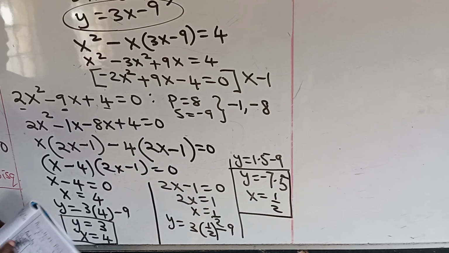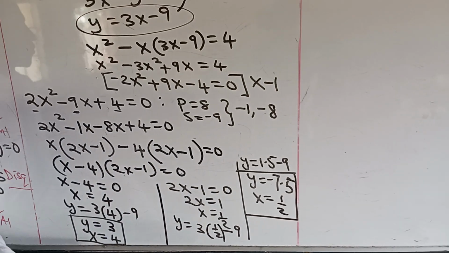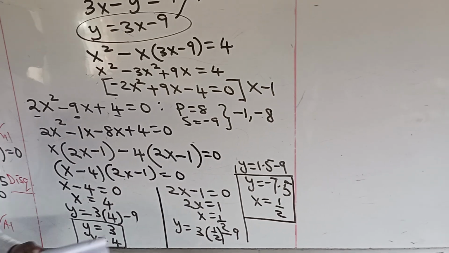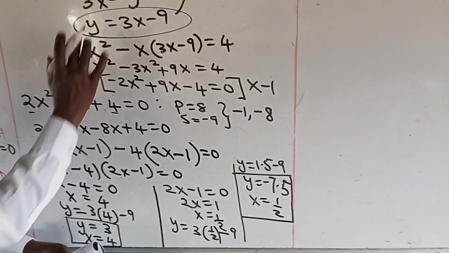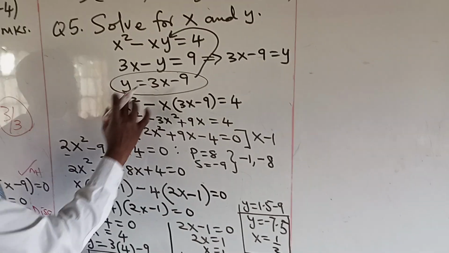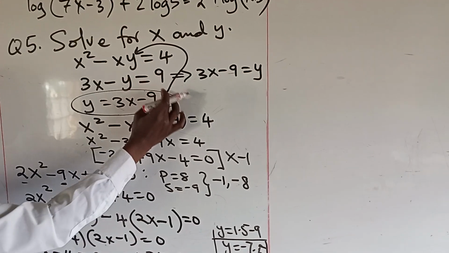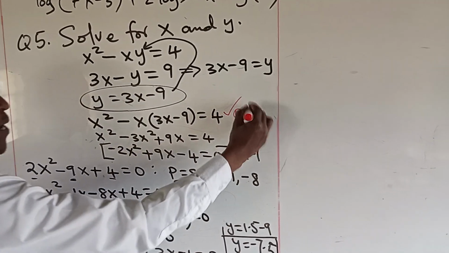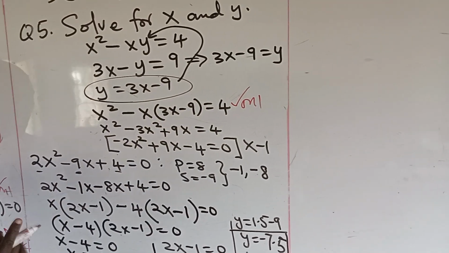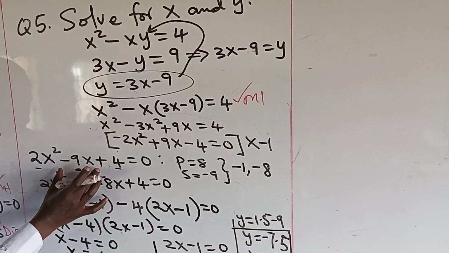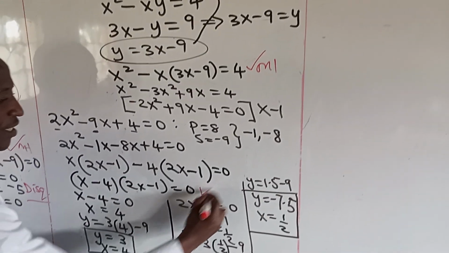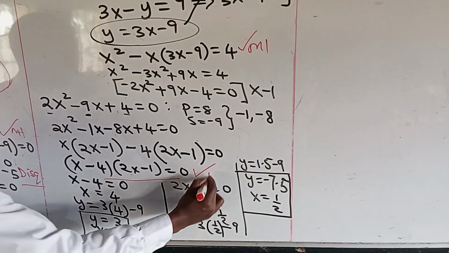Now, let's come to the marking for this question. In the marking for this question, we need to have the substitution of the linear into the quadratic, M1. When the student is able to get the quadratic equation and the correct factors at this level, we get the other M1.